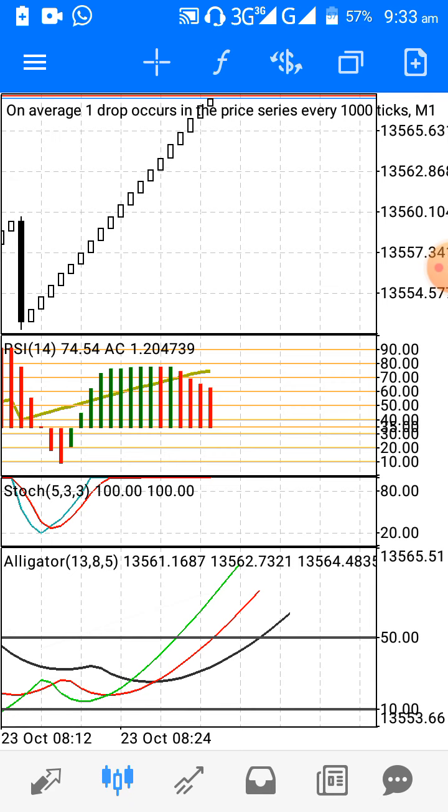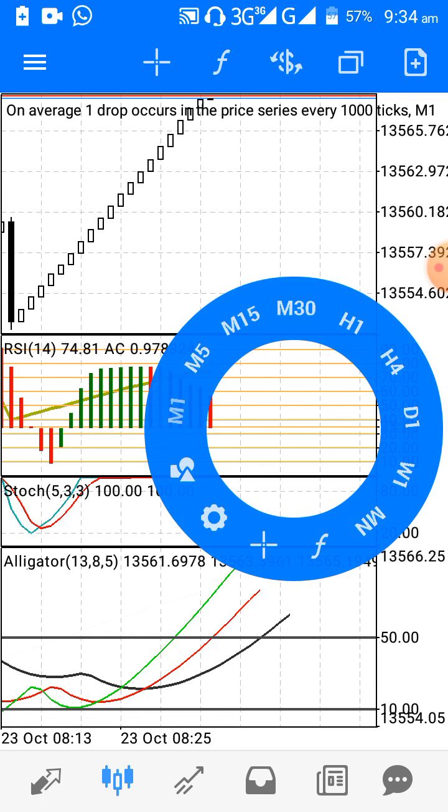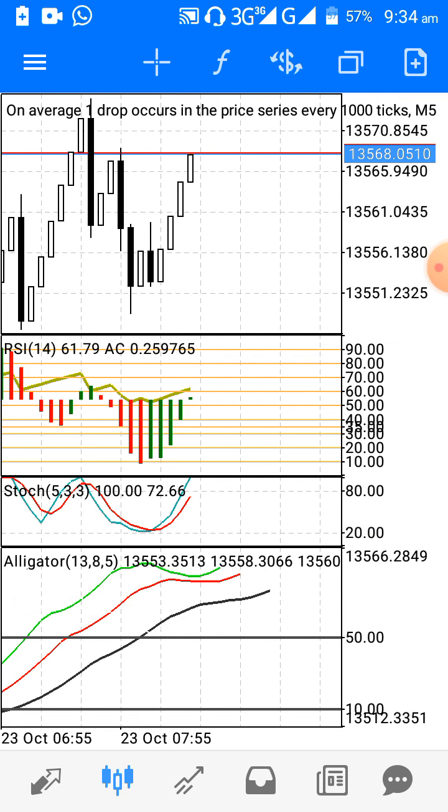All right, so guys, I'm on the 1 minute time frame. I'm on Crash 1000. Let me go to the 5 minute time frame. So I'm on the 5 minute time frame now, and you can see that the market has been good so far.